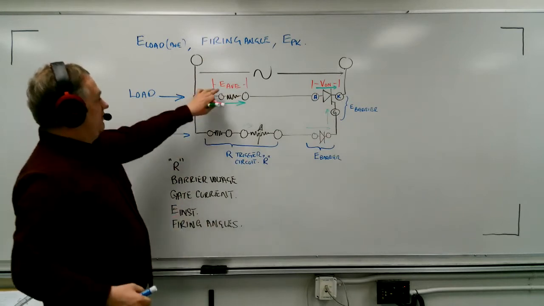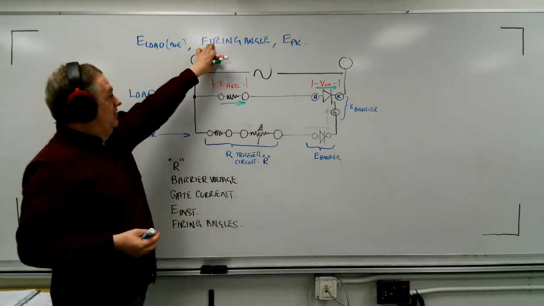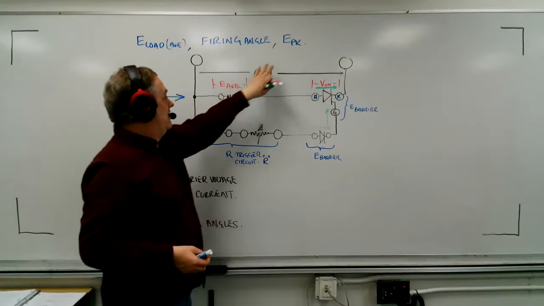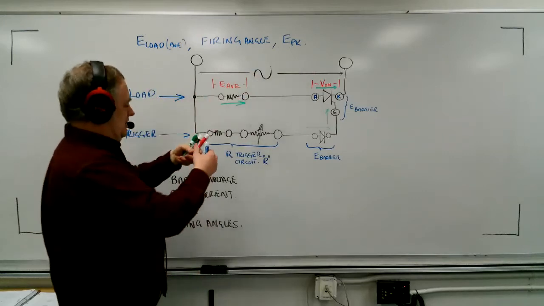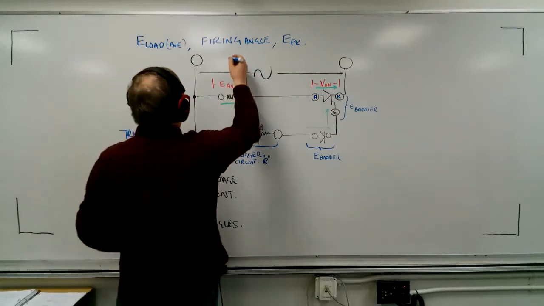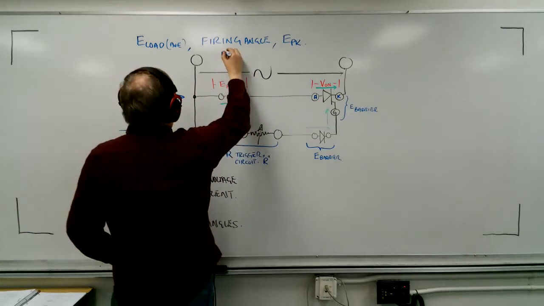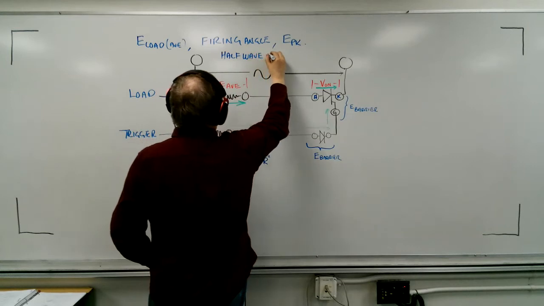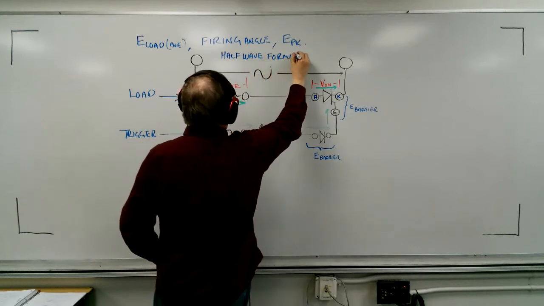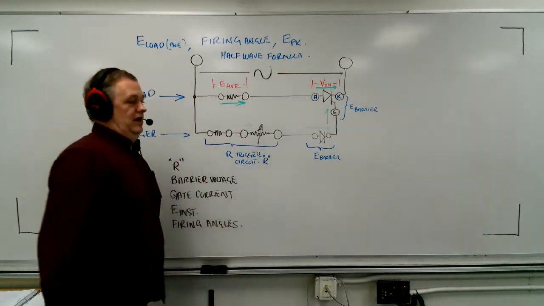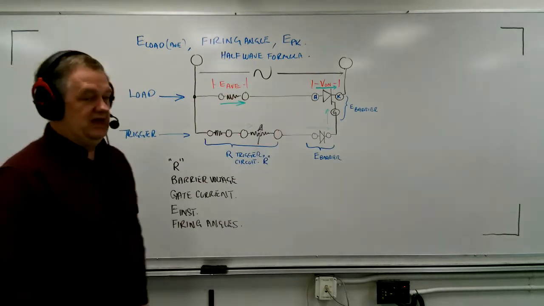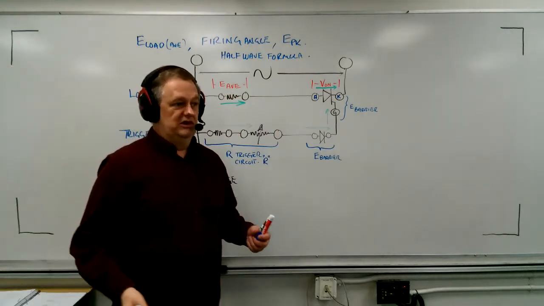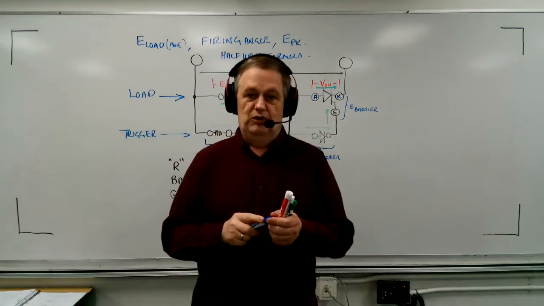Then you go up here and say, if that's the firing angle, I know my peak voltage is here, and I can do a quick calculation using, in this case, my half wave formula. And bang, there you go. You can get your load voltage at any firing angle, okay?